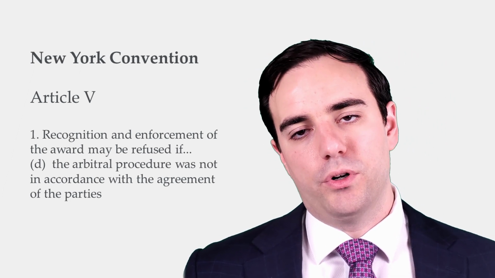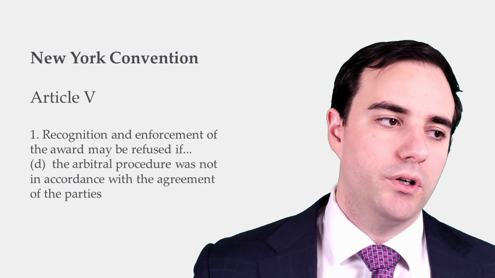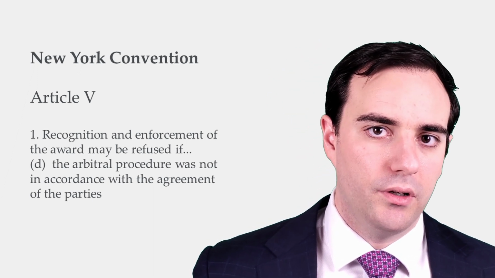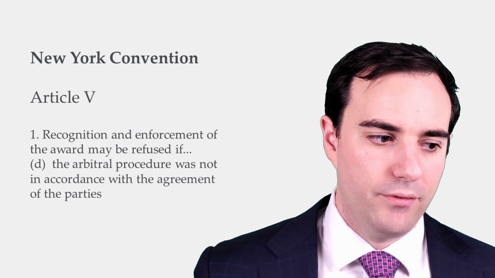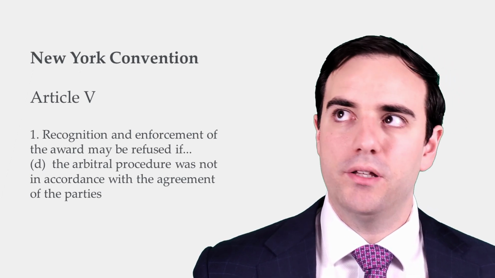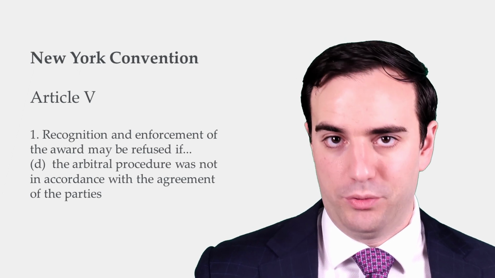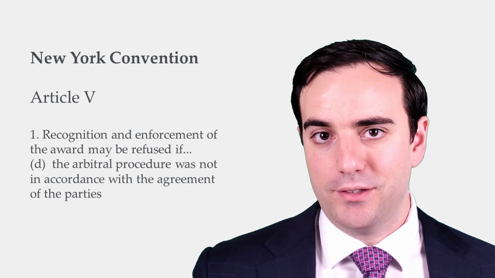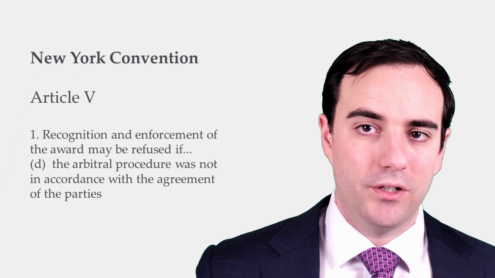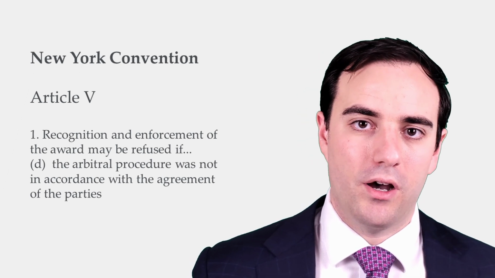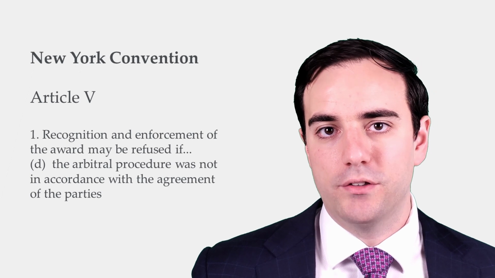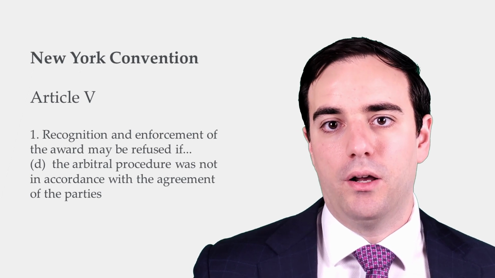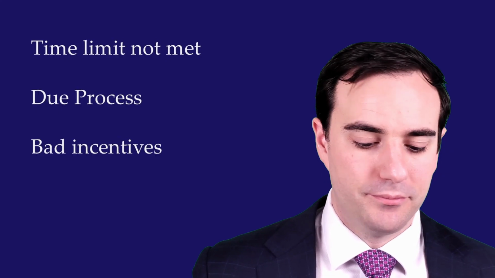Again, we're talking about the award not being issued quickly enough. Another problem that might arise is that before the award is issued, but after that time limit has passed, a party might decide to open a new proceeding. We're going to talk about this situation in the Sullivan versus Feldman case, which is our real life example. It leaves some ambiguity about the jurisdiction of that arbitrator once the time limit has passed.